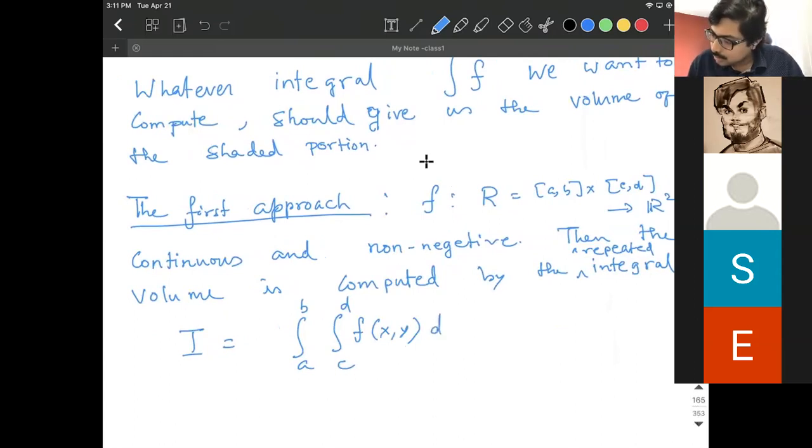So then integrate along dy, and whatever be the result, since you plug in c and d, you get a function completely depending on x. So now you can integrate along x.